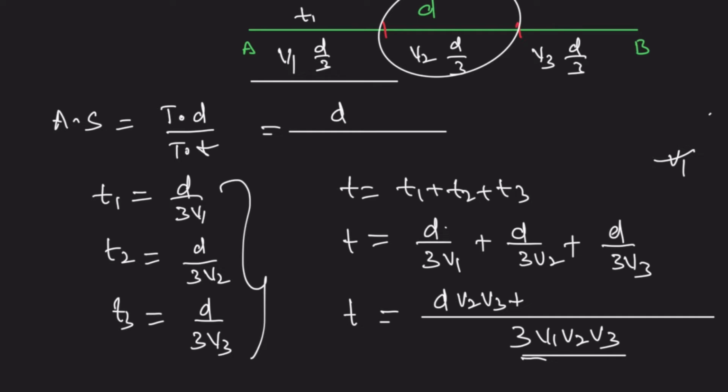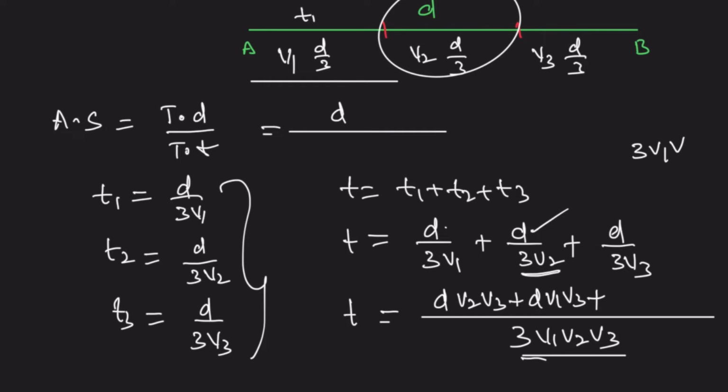Next, the LCM 3 v1 v2 v3 is divided by the denominator of the second term, that is 3v2. So 3 and v2 cancel, we get v1 v3. Now this is multiplied with the numerator of the second term, that is d. So we get d v1 v3.